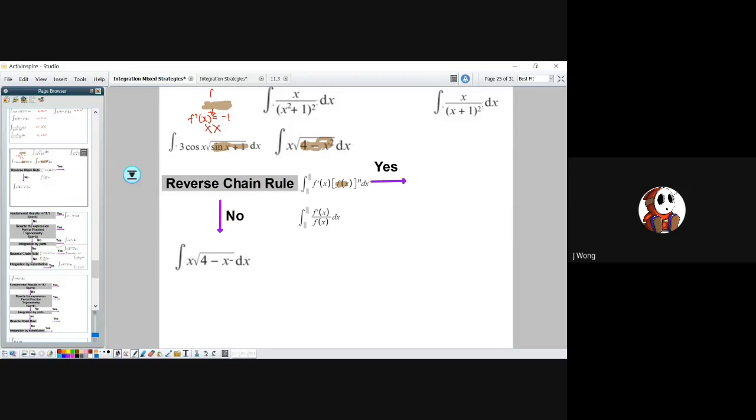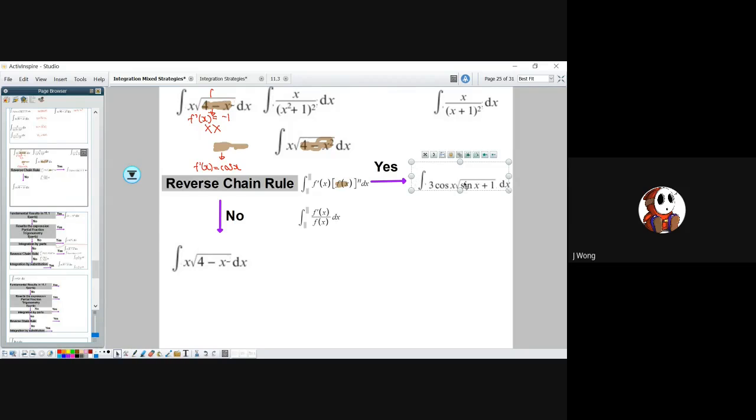And for the second one, the 3 cos x squared of sine x plus 1, if I differentiate that, f dash of x is cos x, that matches with the unshaded part. So that's why you could use reverse chain rule, where you just add 1 to the power and then divide by the new power and divide by the derivative of what we just had.